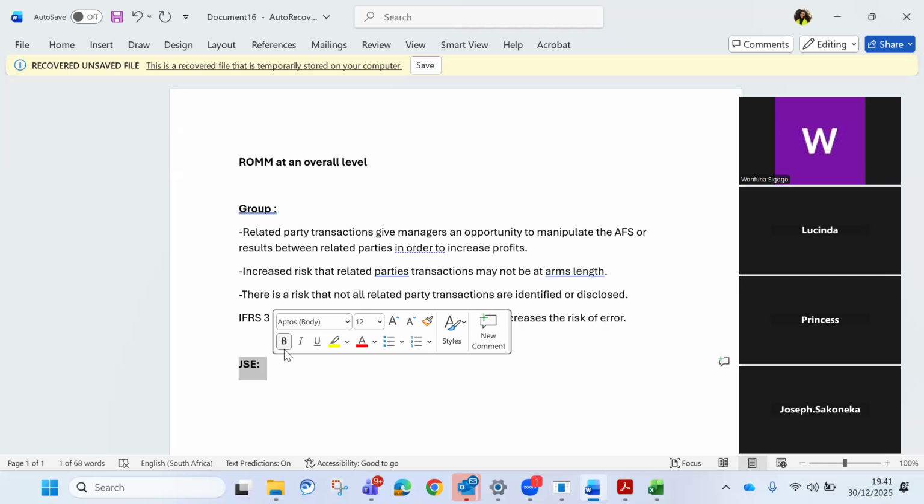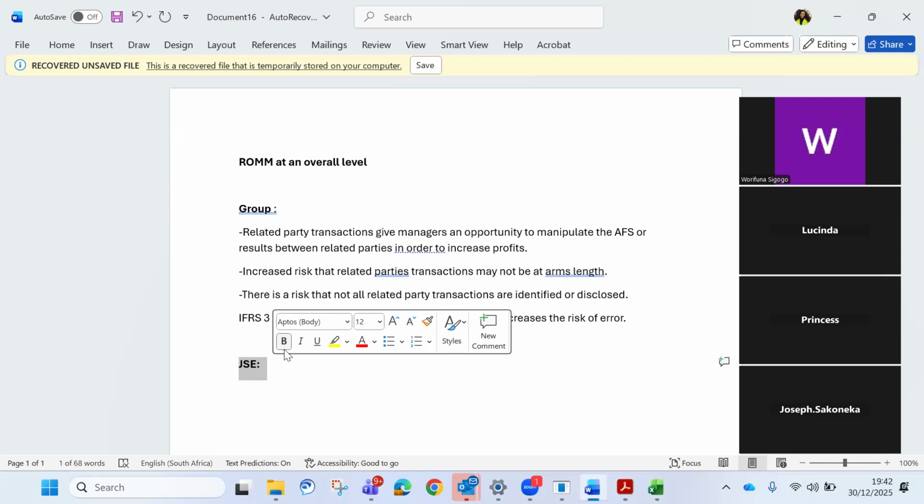Manipulation of profits. Please repeat. A listed company can also manipulate, managers can also manipulate profits in order for the financials or cash flows to appear better. Yes, that's true.